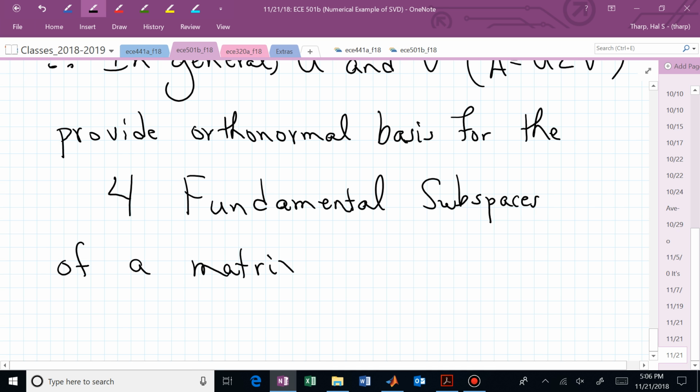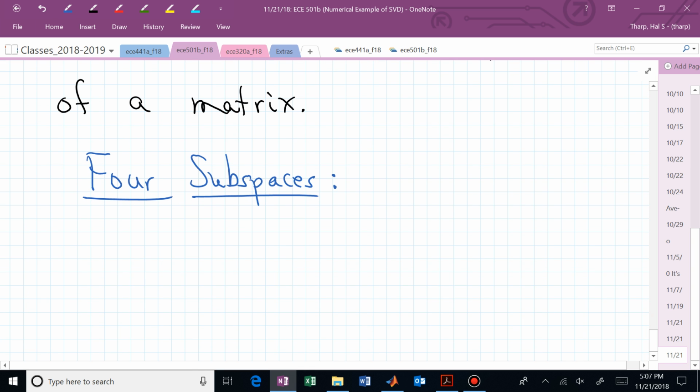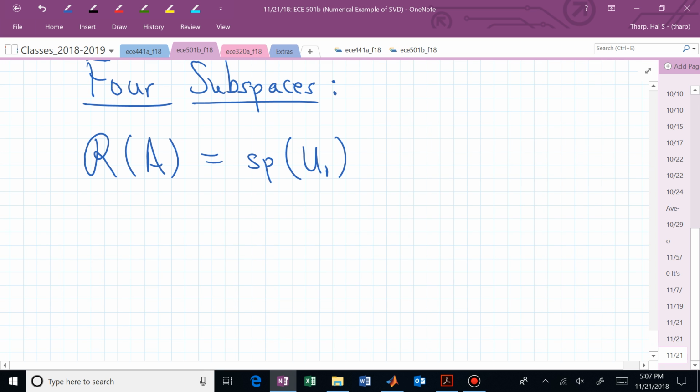In our example, our matrix was 3 by 4. And those four subspaces, if you now find the singular value decomposition of a general linear map A, then we can find a basis for the range of A. That's just going to be, we've identified the columns in the U matrix corresponding to the non-zero singular values, and that then gives us the span of U1.